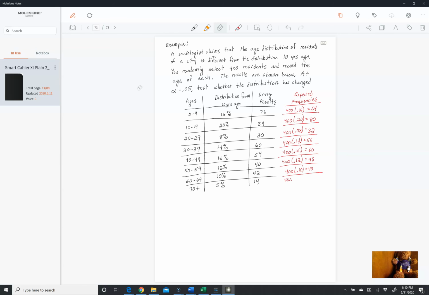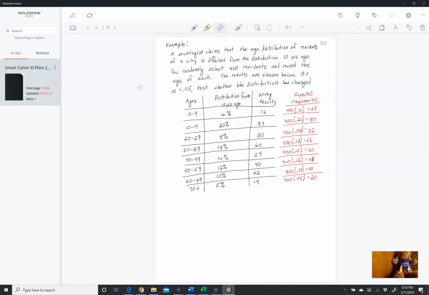And 400 times 0.05. We get 20. So all of our expected frequencies are greater than or equal to 5. Okay. Now we're going to need these. So it's good that we calculated them because we need them to calculate chi-squared.